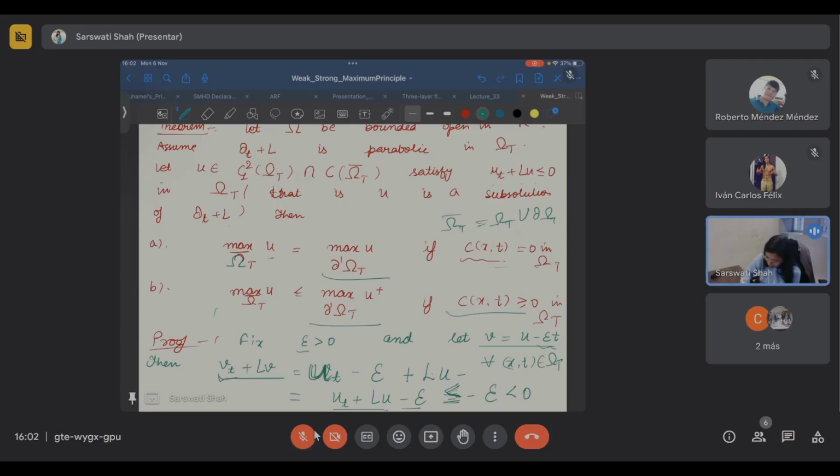So from here we can say that if we are able to prove the property of v, then we can simply write it for u, because u_t plus Lu is less than or equal to 0.